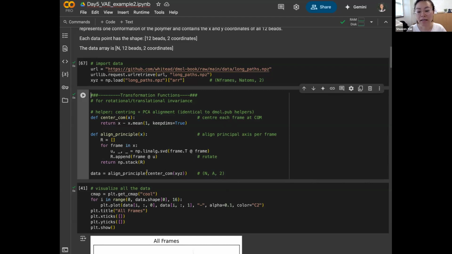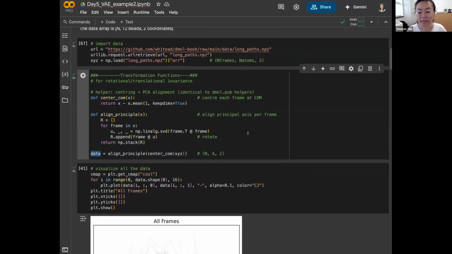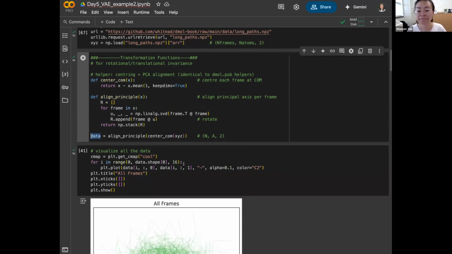So we're basically aligning our data by changing those initial XY coordinates into ones that are invariant to rotation and translation. This is still the same size. We're rearranging the numbers a little bit, but it's still n by 12 beads by 2, the 2 XY coordinates.